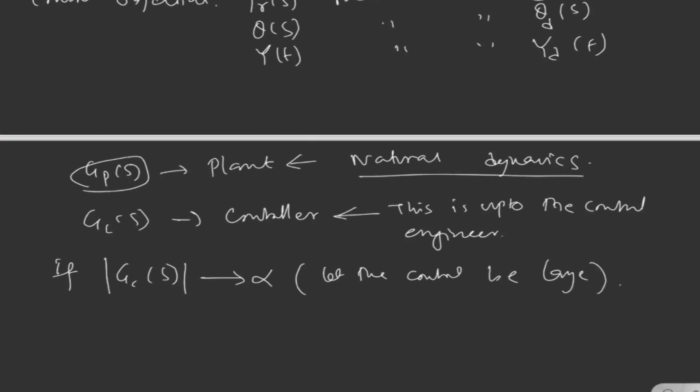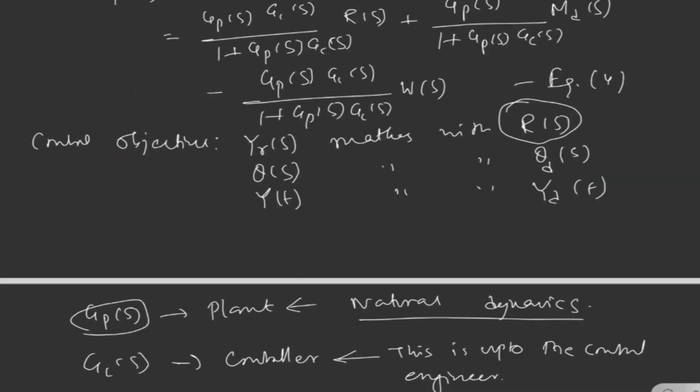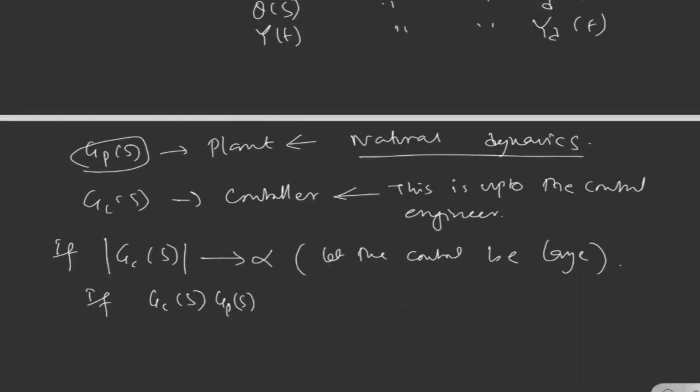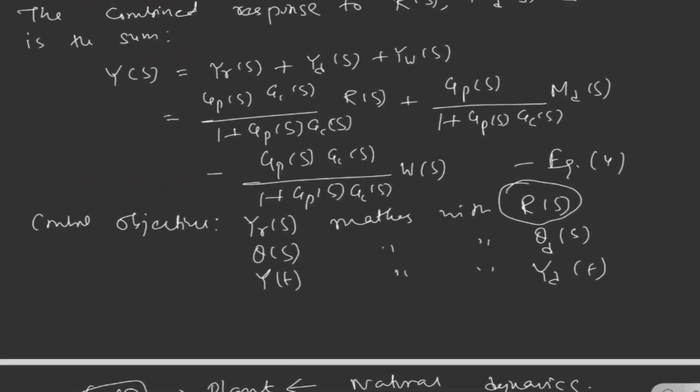So in this case, if the magnitude of GC of S and GP of S is bigger than 1, then what do you get?